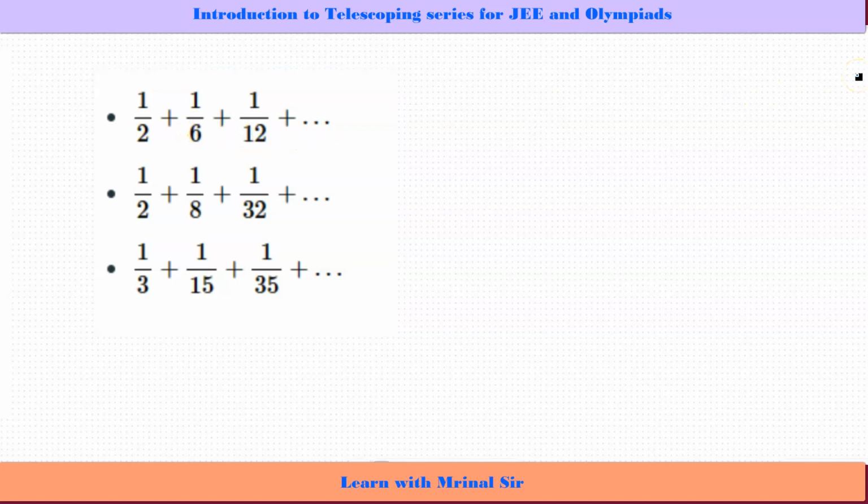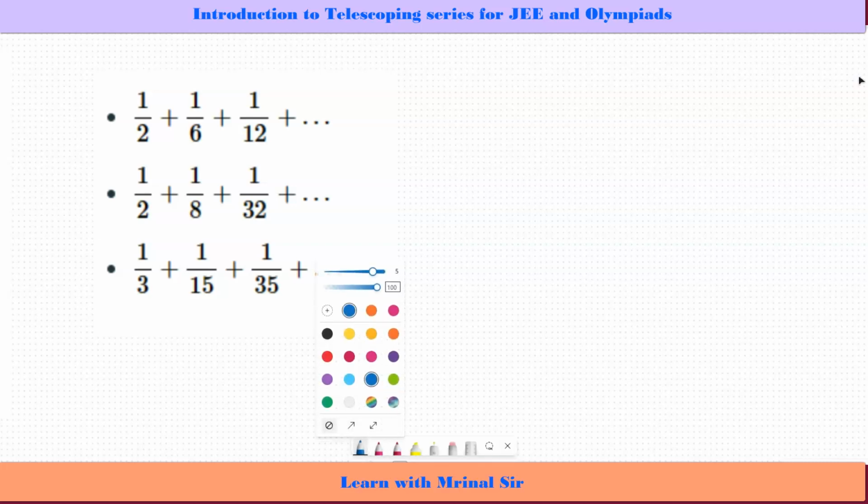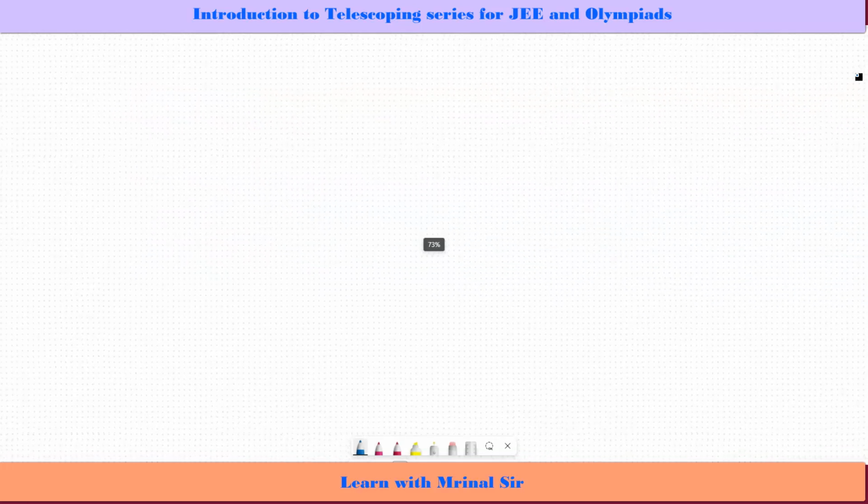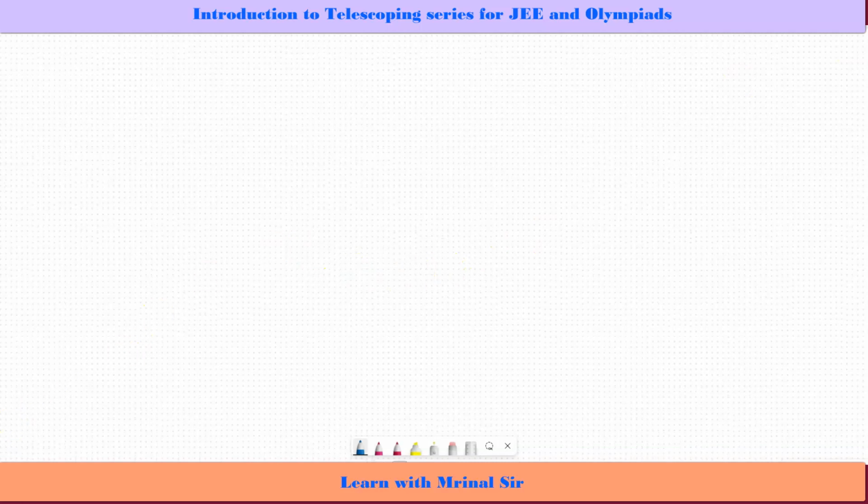In this series, initially you will assume that there is no way to simplify it, just how to find the sum. But by using a little bit of sense of finding the nth term, the series can converge to one or two terms only. Let us write the nth term of this series first.